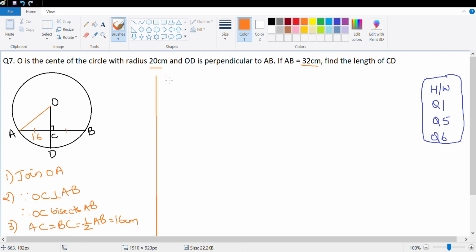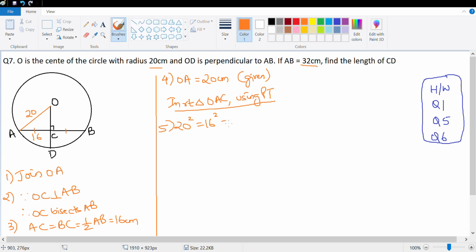Next, OA is equal to radius of the circle, which is 20 centimeter. Now let's see if I can apply Pythagoras theorem here. So in a right triangle OAC using Pythagoras theorem, what I get is 20 square is equal to 16 square plus OC square, which means OC square would be equal to 20 square, that's 400.